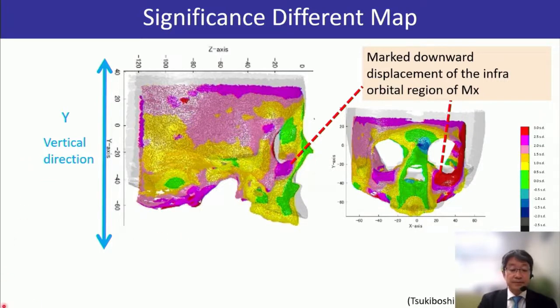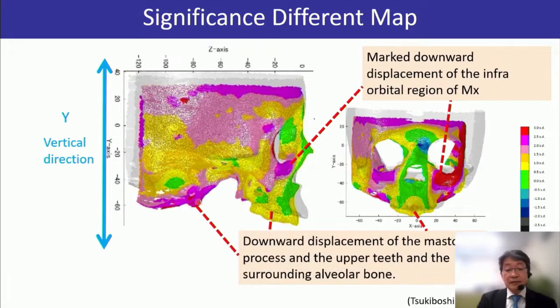The red colors of these regions also indicate the marked downward displacement of the mastoid process. And this yellow means the downward displacement of the upper teeth and the surrounding alveolar bones.